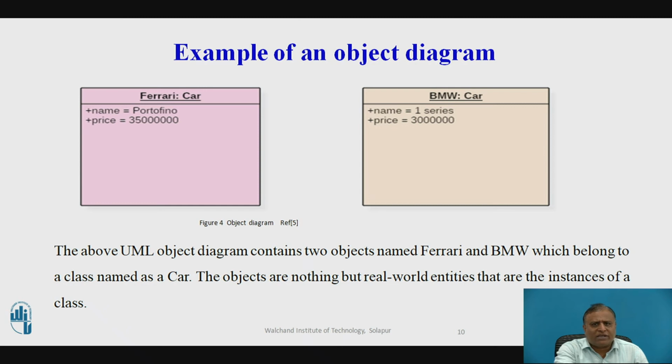BMW colon Car means Car is the main class and BMW is an object. So name has a value and price is another value given in this diagram. Again, this BMW has a different name and a different value. So the above UML object diagram contains two objects named Ferrari and BMW, which belong to a class named Car. The objects are nothing but real-world entities that are instances of a class.